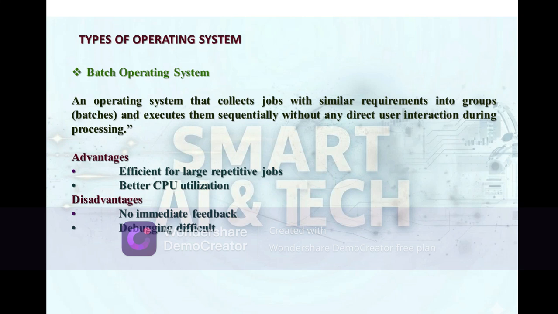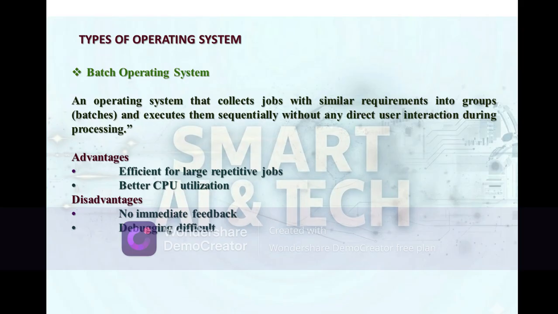The batch operating system has several features: no direct interaction with the CPU, high throughput, and long turnaround time. These are the several features of the batch operating system. Now I will describe the advantages of the batch operating system.